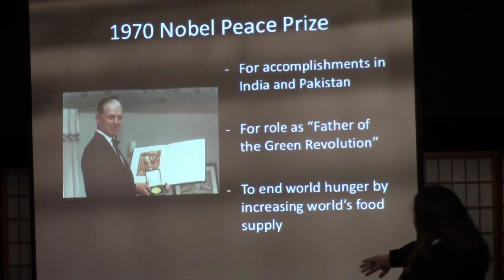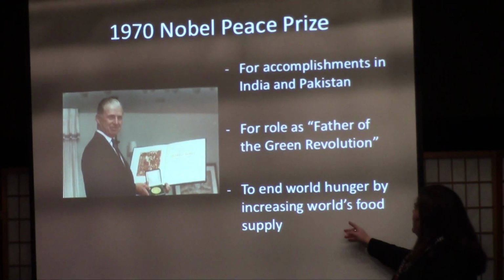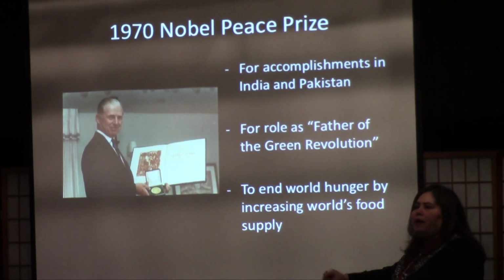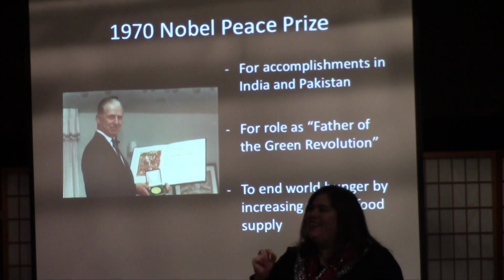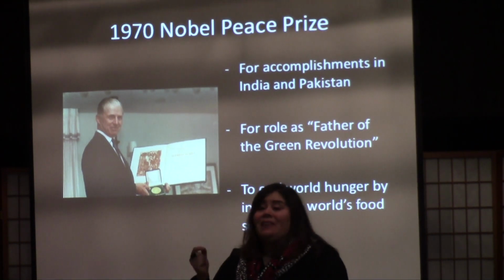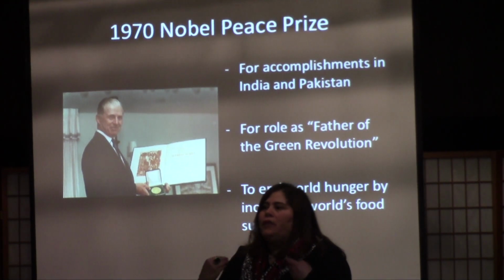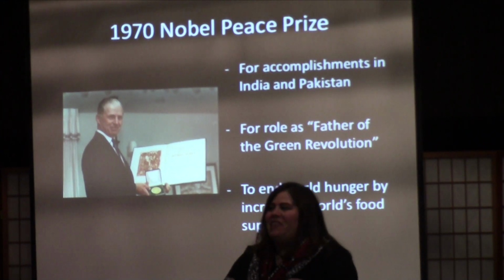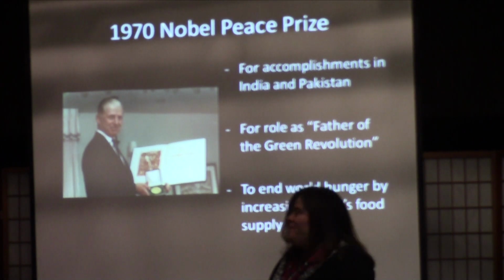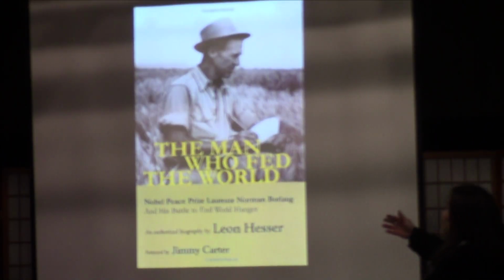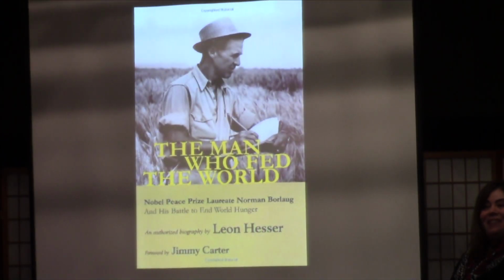And he's honored in part because he ended world hunger by increasing the world's food supply through the use of science. Science had defeated hunger. This long-time problem since we have walked the earth had finally been eliminated, and it had been through agricultural technology. He became known as the man who fed the world, how he's often depicted.